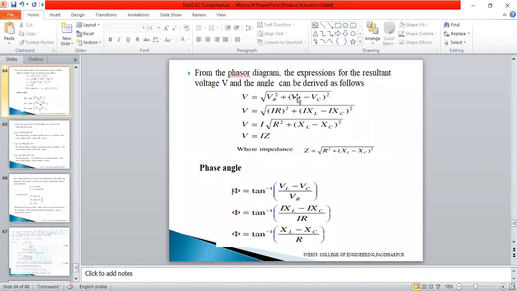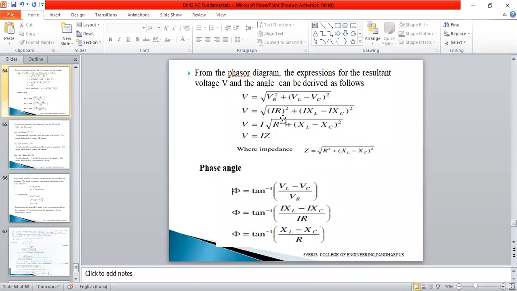But here VL and VC we have to write separately. VL equals IXL, minus, as it is, VC equals IXC. From this we can take I common, since I square is there for all terms. When we take I square outside the square root, it becomes I. So I times square root of R square plus (XL minus XC) whole square.